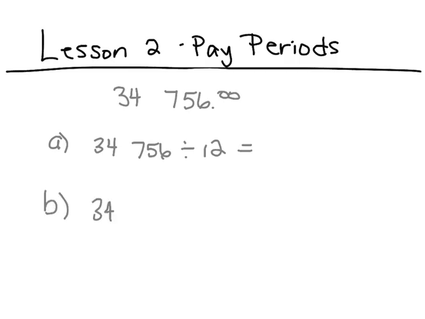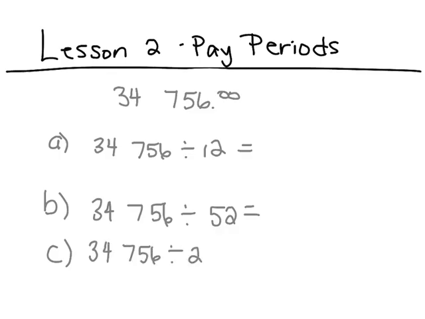So we take $34,756 and we divide it by 52. We want to find the biweekly pay, which is $34,756 divided by 26. And the semi-monthly pay, which is $34,756 divided by 24. So type all of those into your calculator, pause the video, and see what you get.